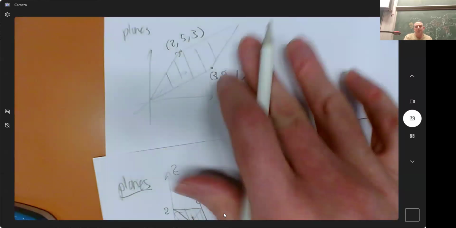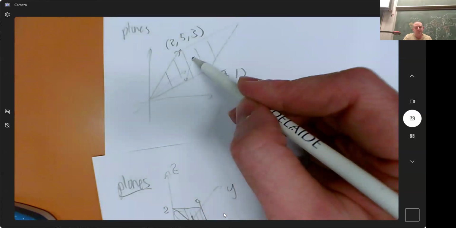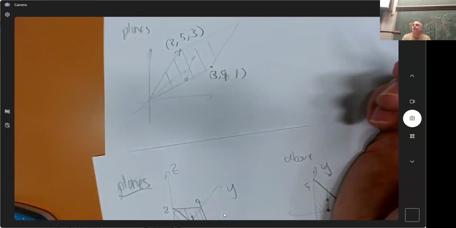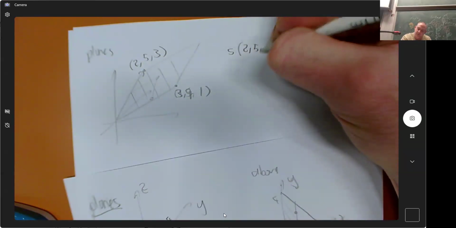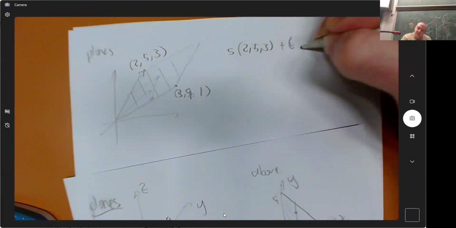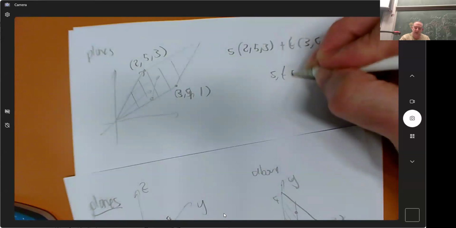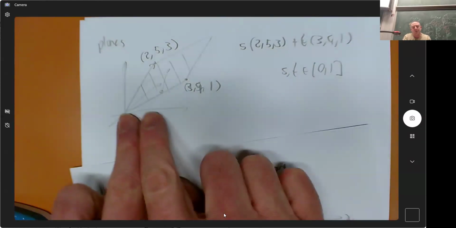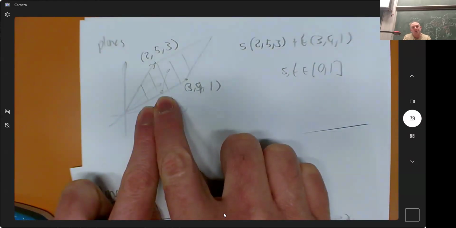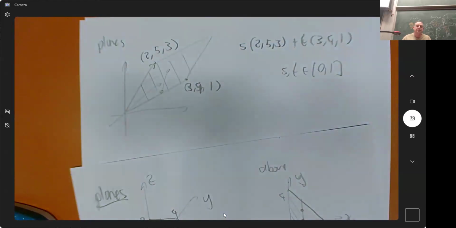Then I know that every point on this parallelogram is going to be some amount of this vector plus some amount of this vector. So I could actually say that everything is like S of 2, 5, 3 plus T of 3, 4, 1, for S and T being in 0, 1, if I wanted. Because I can just go halfway and then 3/4 of the way. And if it was a parallelogram, it would work.